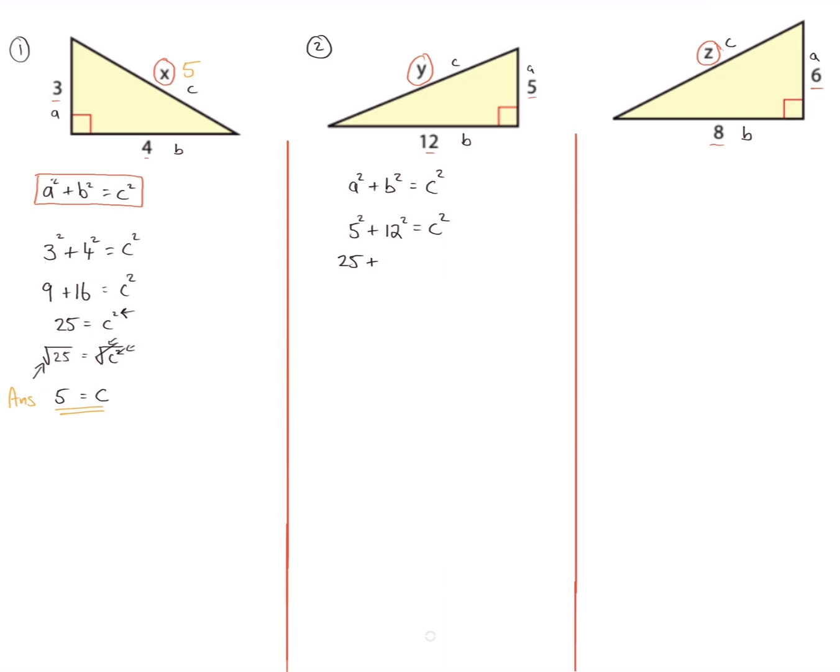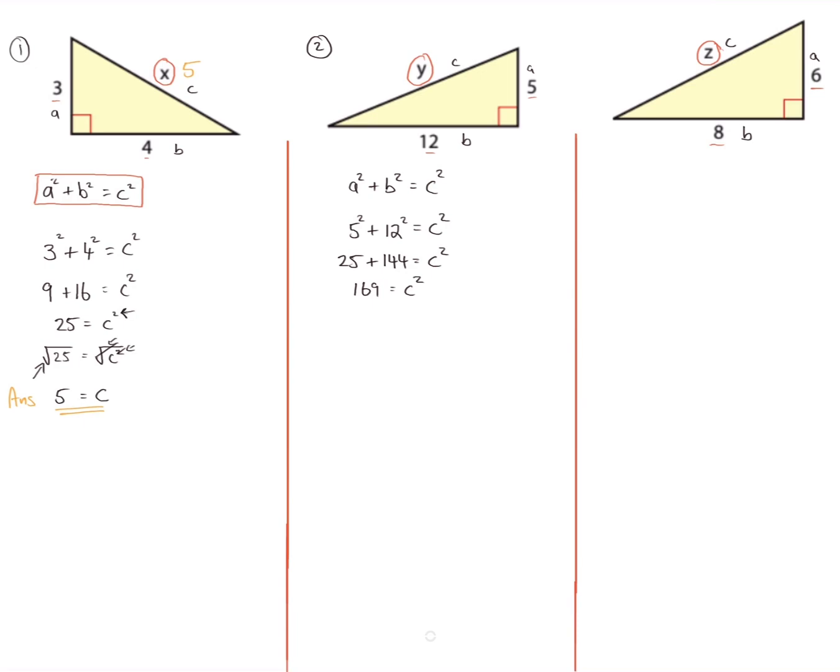Now, if you don't know your times tables, you might need to use a calculator for this one. It's one of the bigger numbers. So 12 multiplied by 12 is 144 equals c squared. And if we add 25 and 144 together, we get 169, and that's equal to c squared.